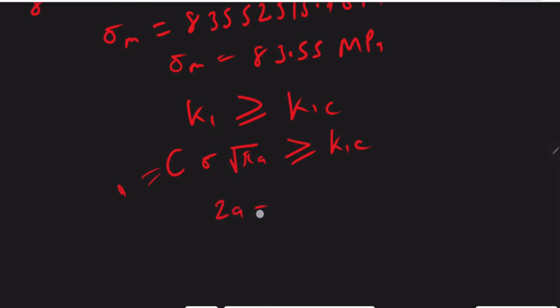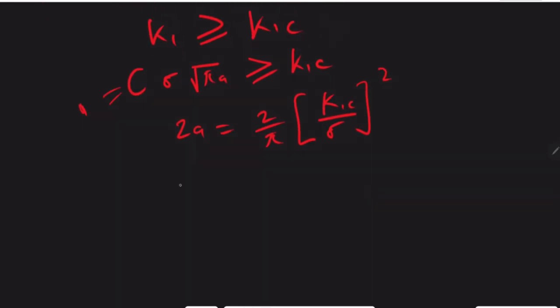So 2a will now be equal to 2 divided by pi, times, in brackets, K1C divided by sigma, all raised to power 2. And we know that K1C of cast iron from appendix A is given as 38 megapascal meter raised to power 1/2. So this is megapascal and this is megapascal, so there is no need for changing the units.